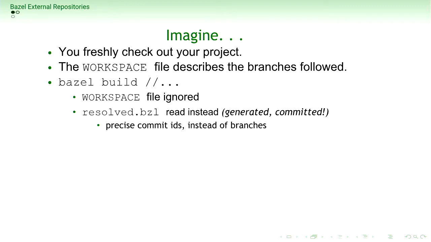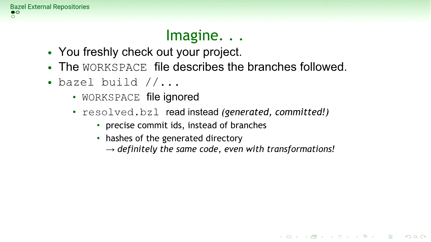So it contains the precise IDs, commit IDs instead of branches, and for good measure also timestamps so that it can shallow clone. And it contains the hashes of the sources that you generated. So even with all your transformations, and maybe not having the same version of the tools doing the transformations, you know that you have the right code, or at least you get notified if you did something wrong.